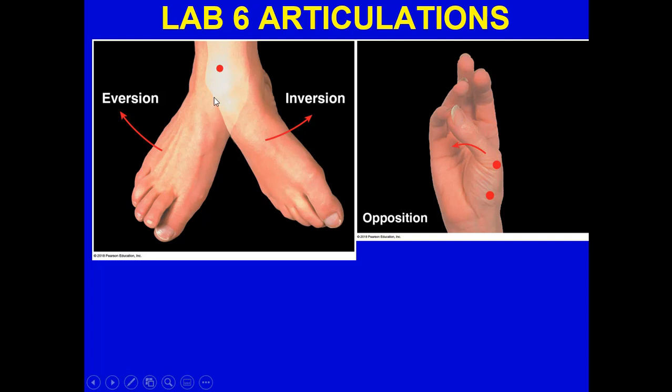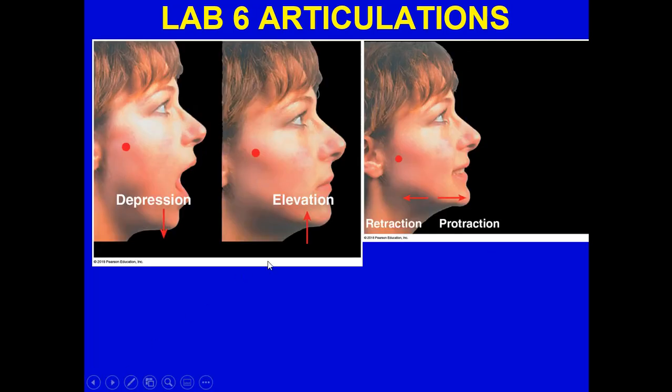Inversion, eversion. Inversion, this is all occurring around the ankle, and so you move the sole of the foot inward toward the midline, and that's inversion. Moving it away, that's eversion. Then we have opposition. You're basically using your thumb to come in contact with the other fingers.